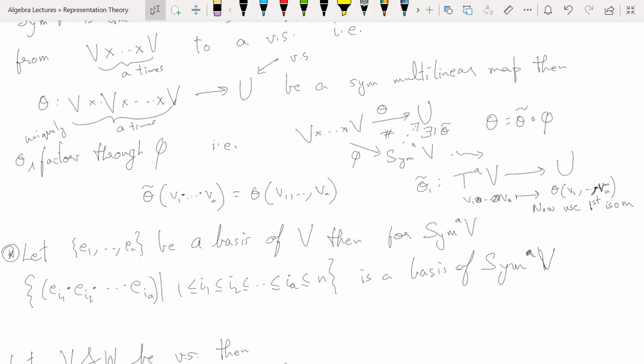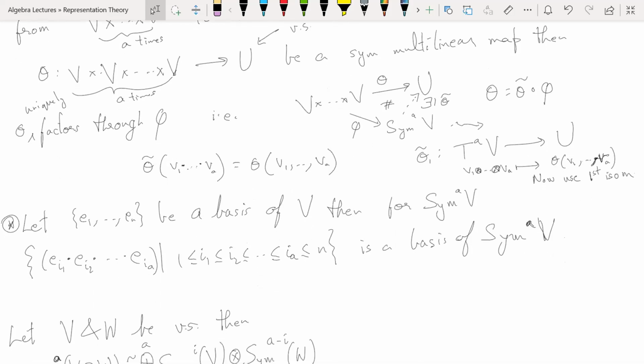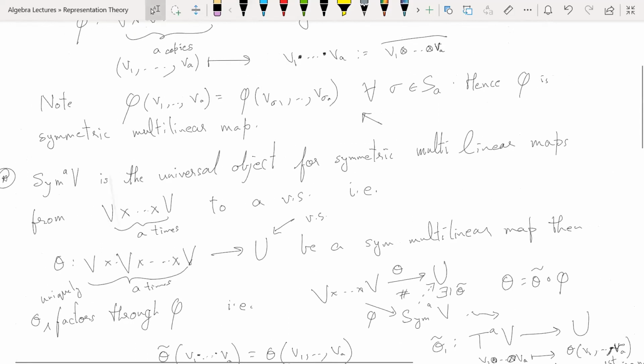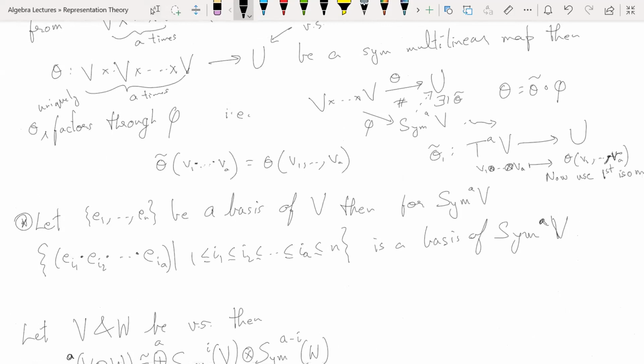But for symmetric powers, v1 tensor v2 should be the same as v2 tensor v1, since they map to the same element, so both can't be part of the basis. So if e1 to en is a basis of V, then for Sym^A V, consider the elements e_i1 dot e_iA, the image of the tensor powers, with i1 to iA between 1 and n, but now with an ordering, because you don't want both i1 i2 and i2 i1. This is going to be a basis of Sym^A V.